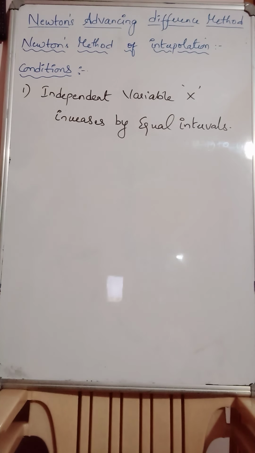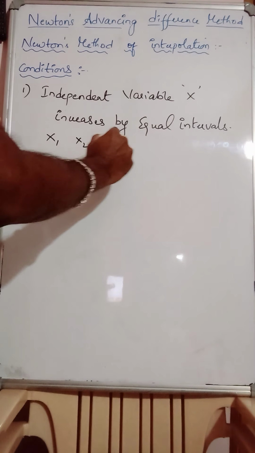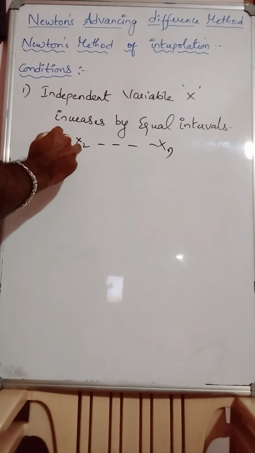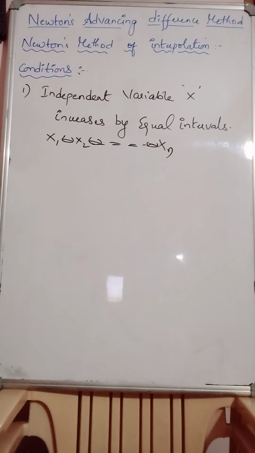The distance between the first variable and the second variable must have a common difference, and second to third also same, third to fourth also same. So this way, from x1, x2 and so on up to xn, a common difference must be there between the variables. Are you clear, guys? That is condition number 1. In this case, the independent variable x increases by equal intervals.